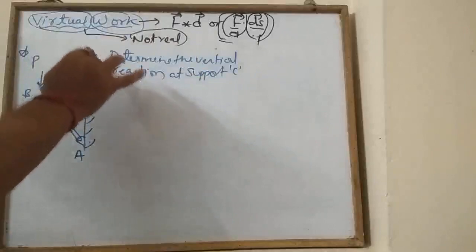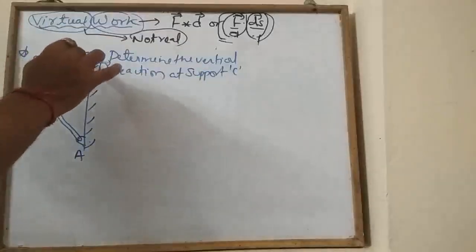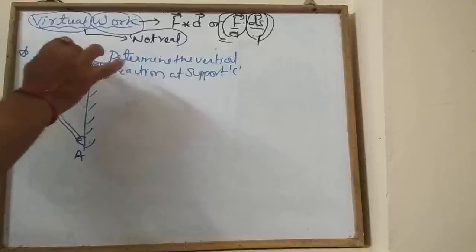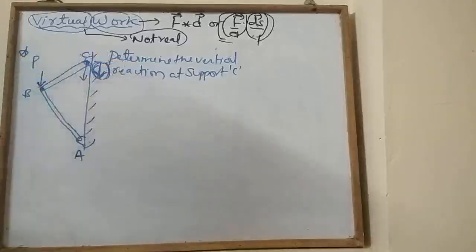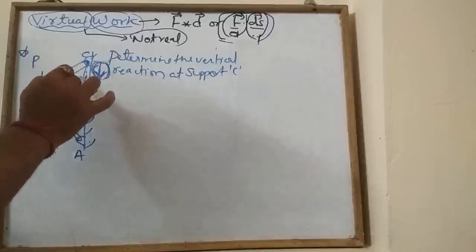It means this direction. So for the vertical reaction, if we remove this constraint, then it will have a tendency to move downwards. If there is no vertical reaction, the point C will move downward.